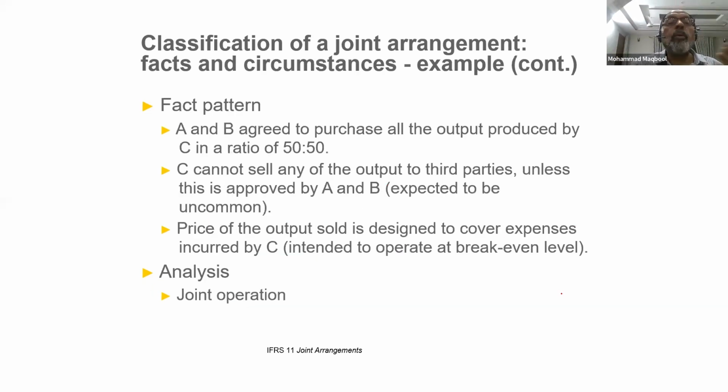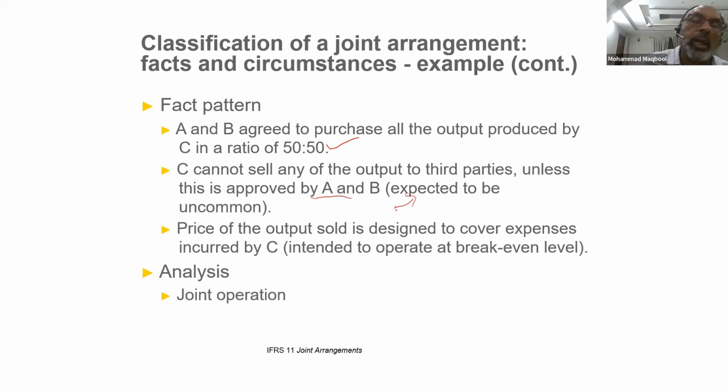Okay. Fact pattern is on the facts and circumstances. A and B agree to purchase all the output produced by C. Same example we're carrying out, 50-50. C cannot sell any of the output to a third party unless this is approved by A and B, which is very rare. Normally, it cannot be the case.